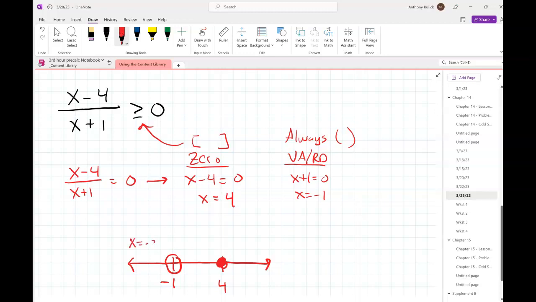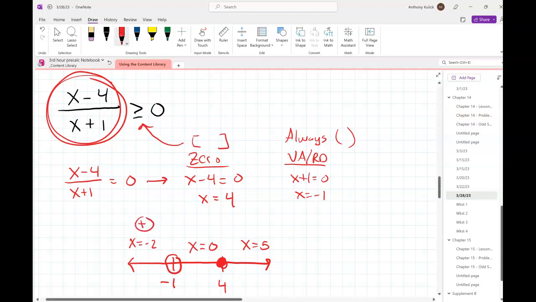And then I'm just going to pick some test values. So when I plug -2 in, I get negative over negative, right? So that'll be positive.